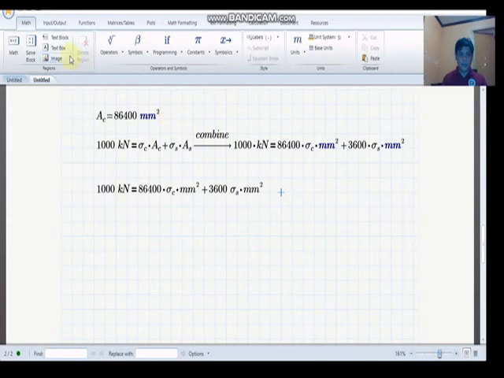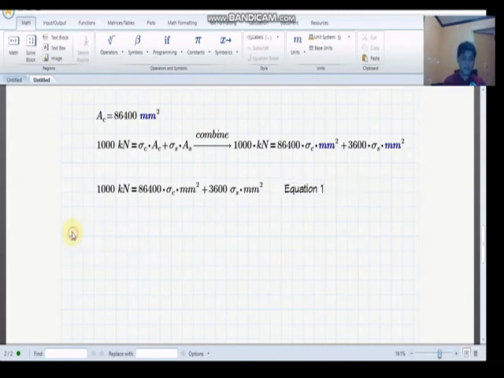This is the equation from the equilibrium condition. This is our equation 1. Okay, so we're done with the equilibrium equation.